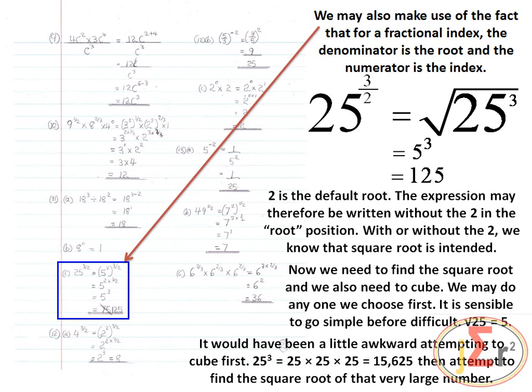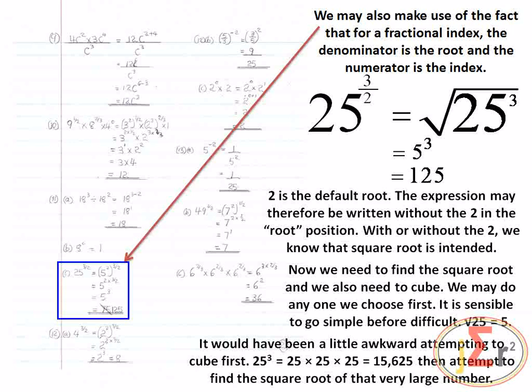As a matter of fact, arriving at 15,625 mentally, I am sure for most candidates would require that we write some number down. However, if we decided to take the square root first, arriving at 5, and then we cube 5, I am sure that that may be done without a stroke of the pen.